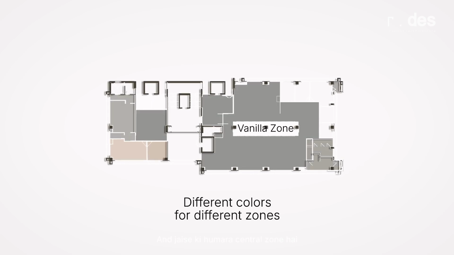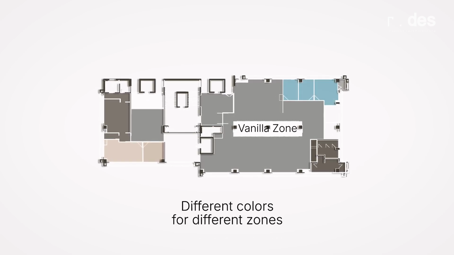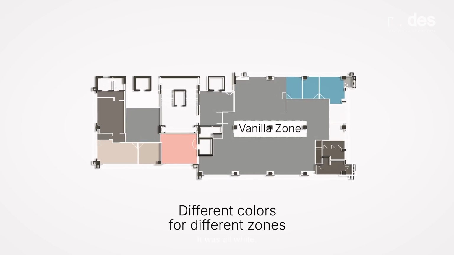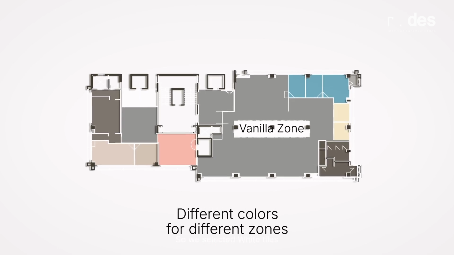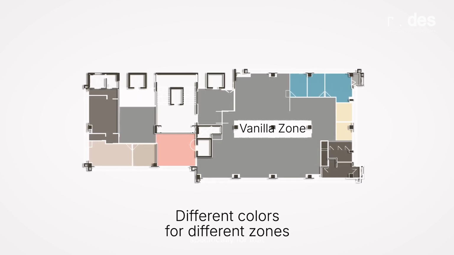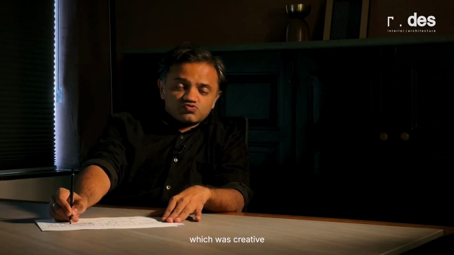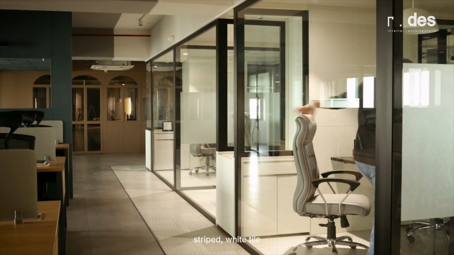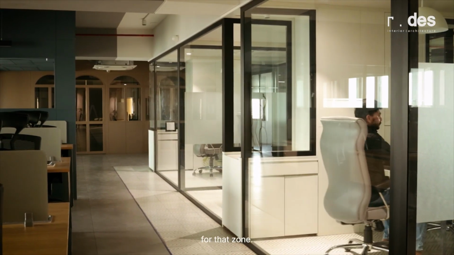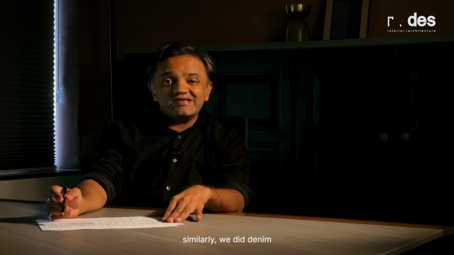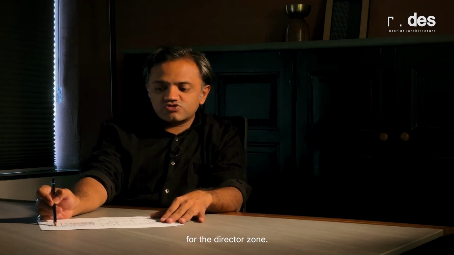And जैसे कि हमारा central zone है, that we called the vanilla zone. It was all white. So we selected white tile specifically for that central zone, a creative white tile with black strips.